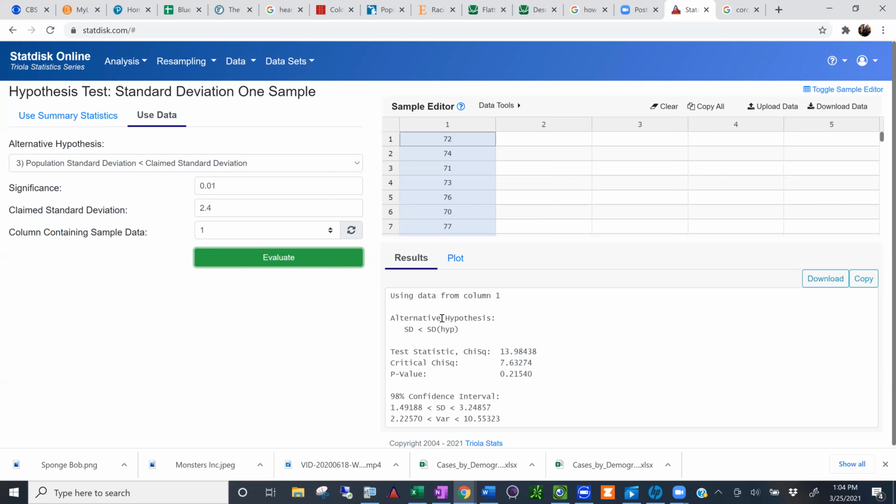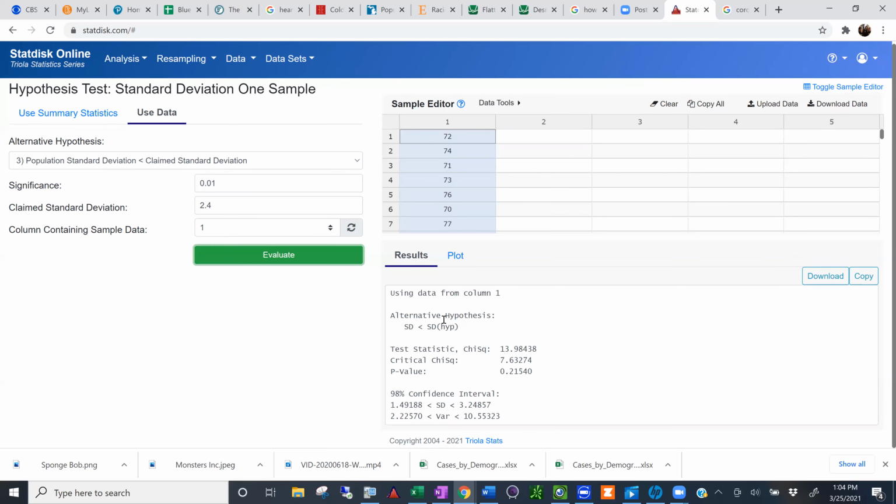Okay, so I think the number we needed to get out of this was our chi-square value, which was 13.98. And our p-value is 0.2154.